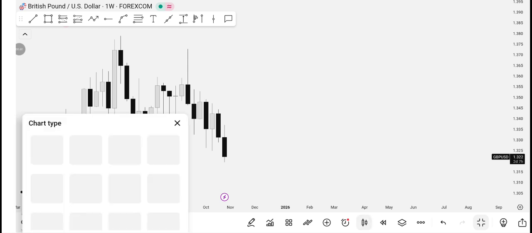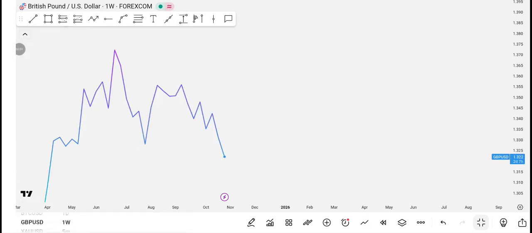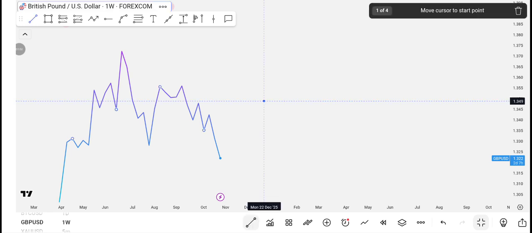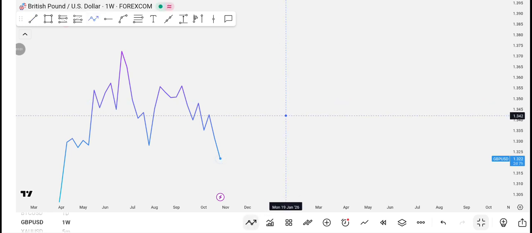Now, using our line chart, we can spot the classic A level. And I've talked about it before.